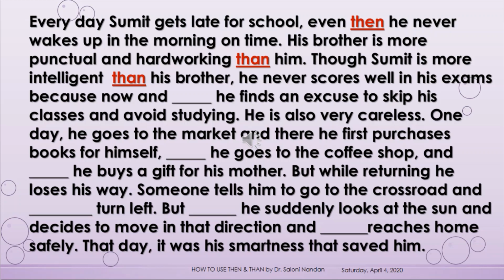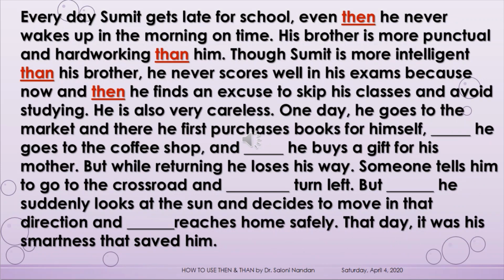Because now and dash he finds an excuse to skip his classes and avoid studying. So what will be the word that will come here? Think over it. Because now and then he finds an excuse to skip his classes and avoid studying.